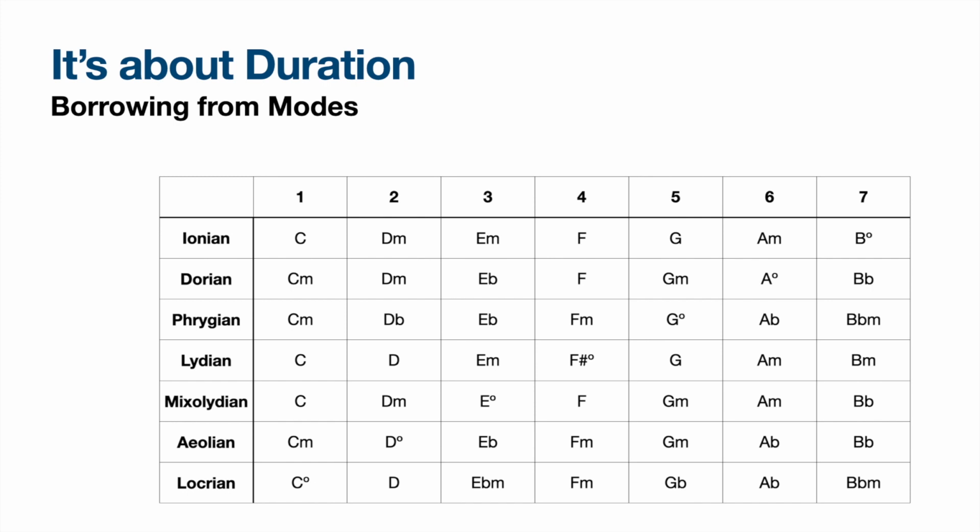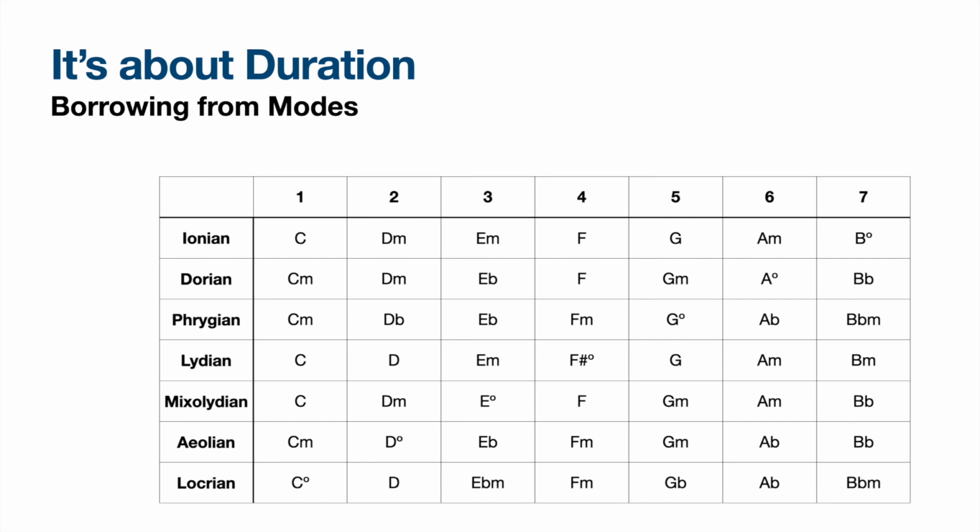You can really see that if you start on the 7 and then go diagonally from 7 to 6 to 5 to 4 to 3 to 2 to 1, how that diminished chord just moves over because the half steps are all getting rearranged by the different modes.